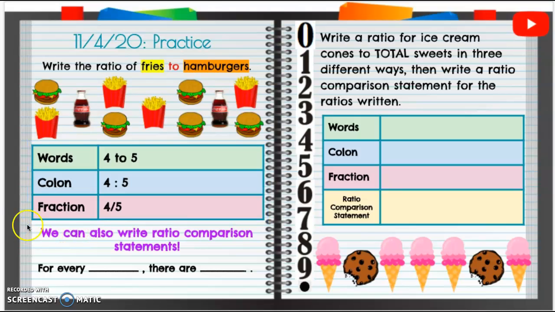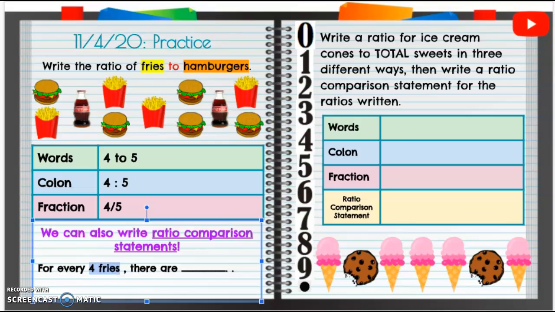Now, the next thing we're going to look at is that we can also write a ratio comparison statement. So ratio comparison statement is going to be written like this. For every blank, there are blank. So in this case, for every blank, what was first? Fries. So for every 4 fries, there are, I'm going to underline that.